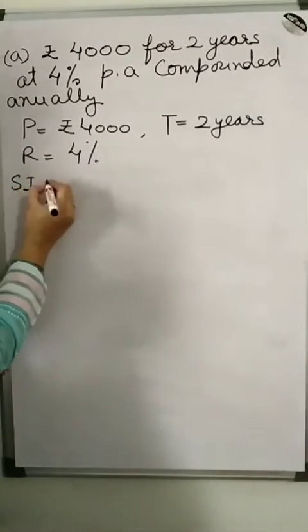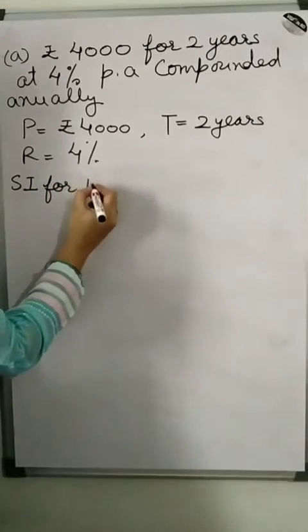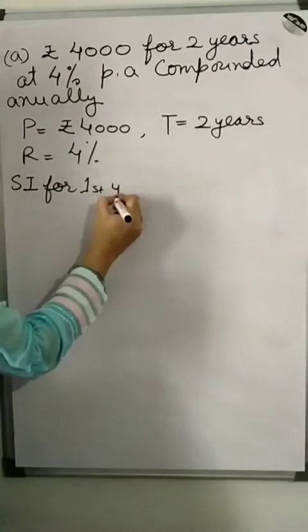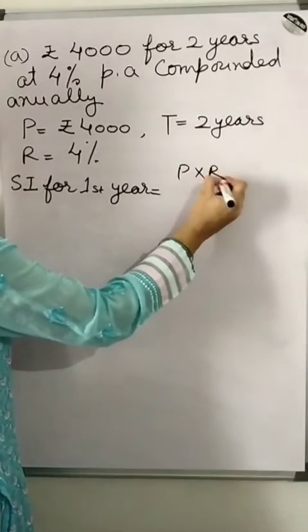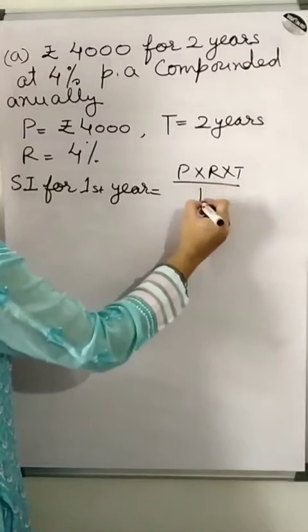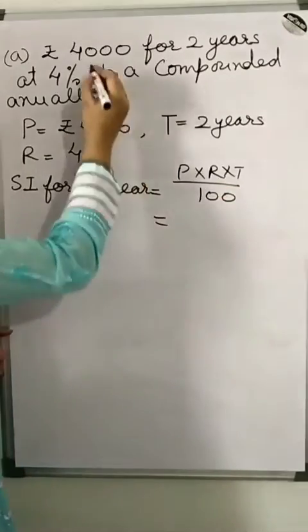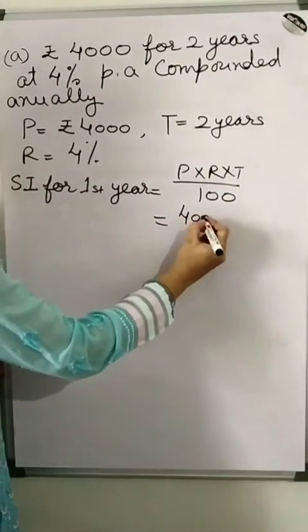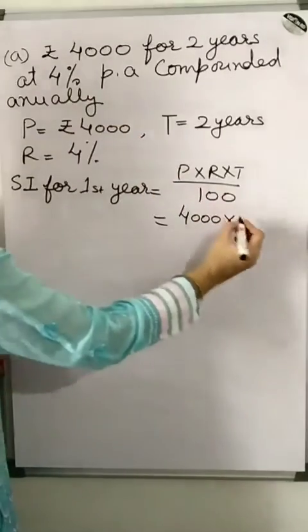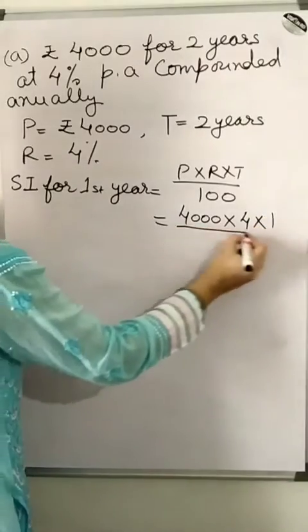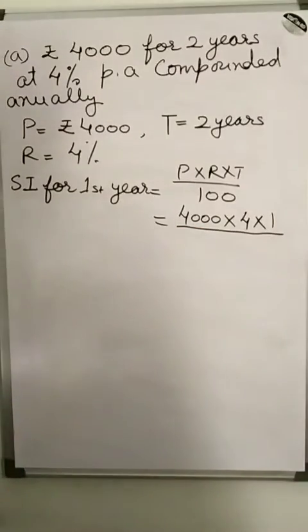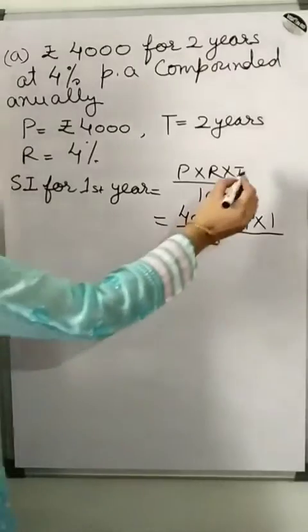We use the formula of simple interest and calculate it for 1 year. So simple interest for 1 year is PRT upon 100. P means 4,000, R means 4%, but the time we take is 1, because by this method we calculate simple interest for each year separately.